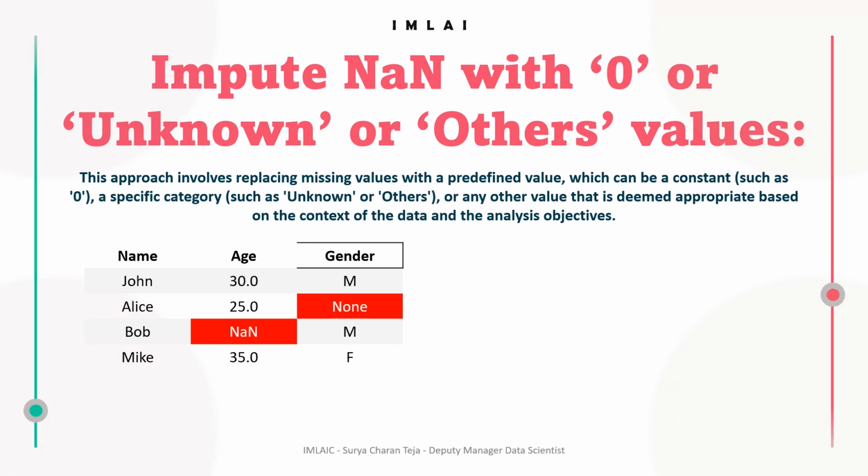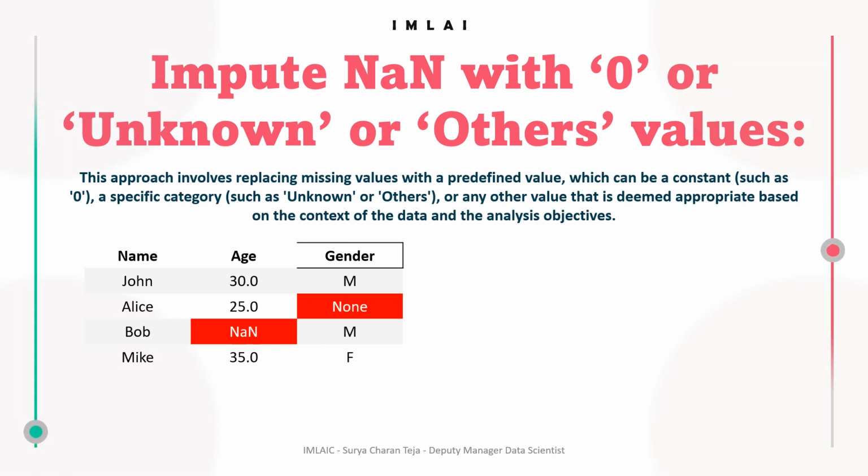So it's always important to note that you have to very carefully impute the respective values, either 0 or strings such as unknown or others, keeping all things in mind.